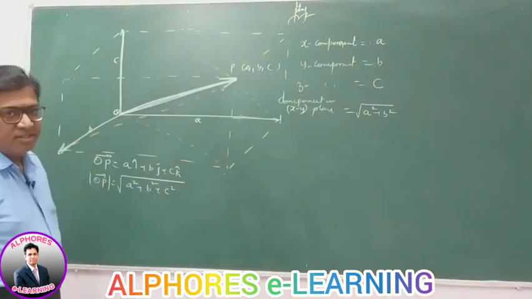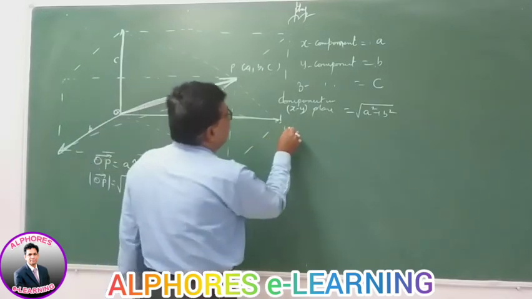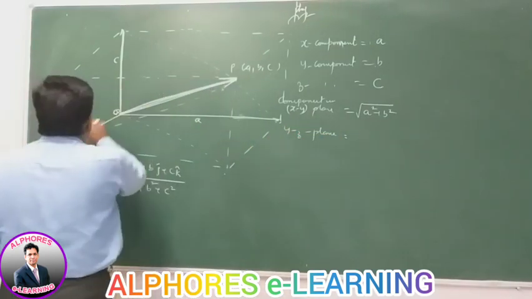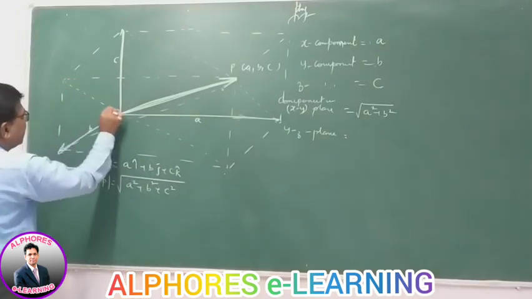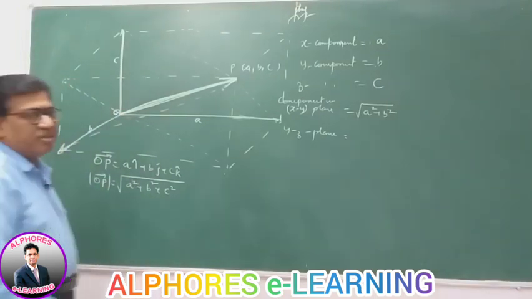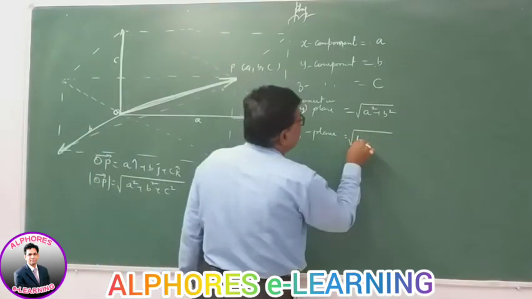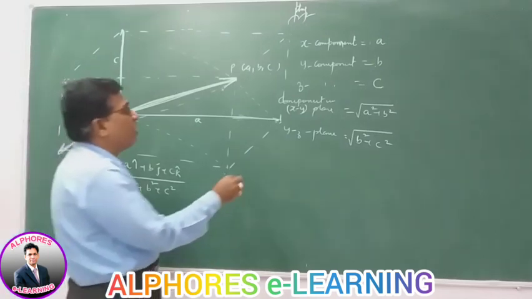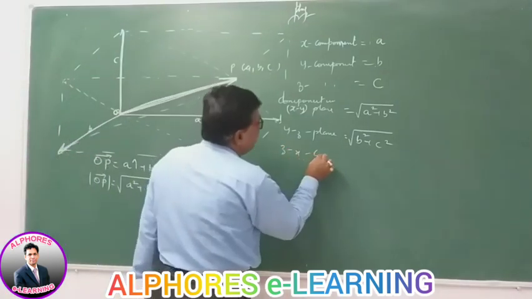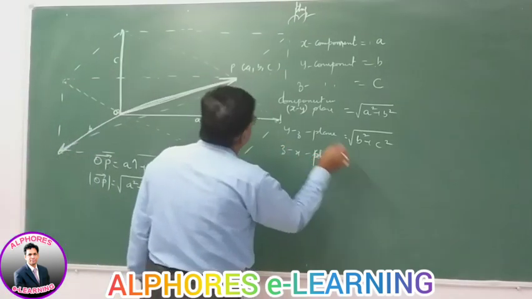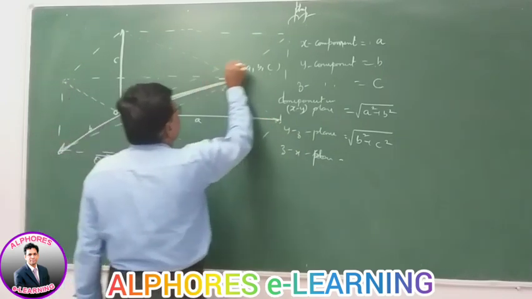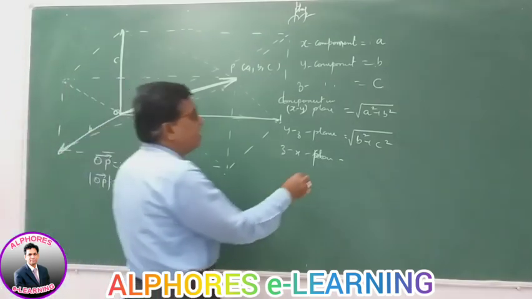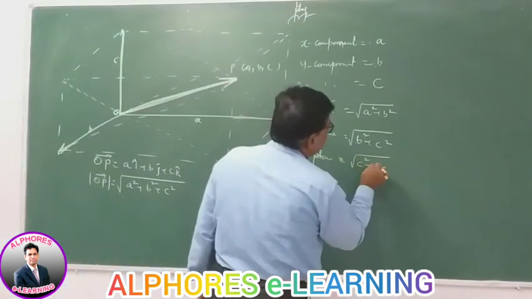Similarly, the component of the vector in the yz plane is under root of b square plus c square. Similarly, the component in the zx plane, with z and x components, is under root of c square plus a square.